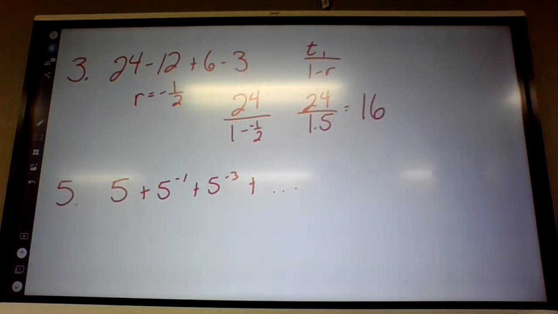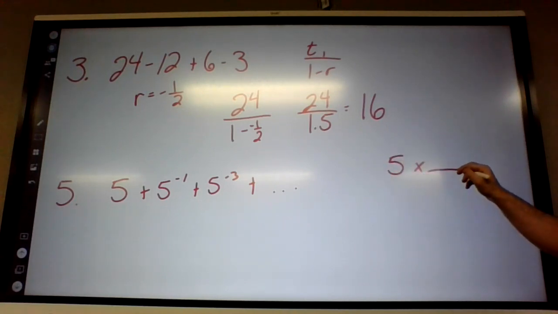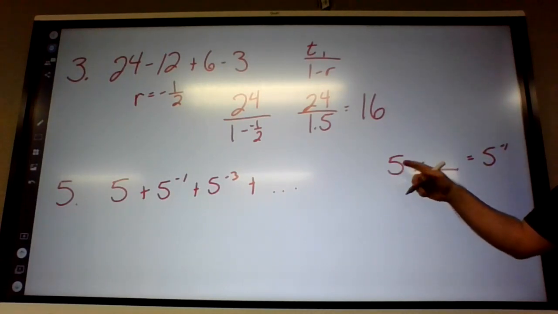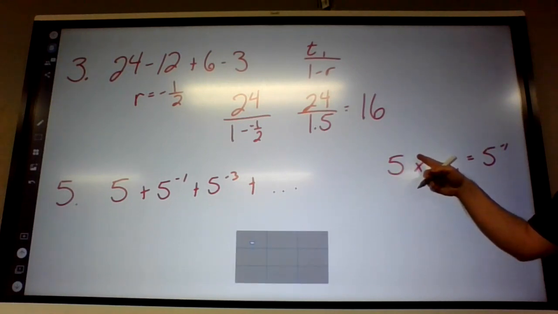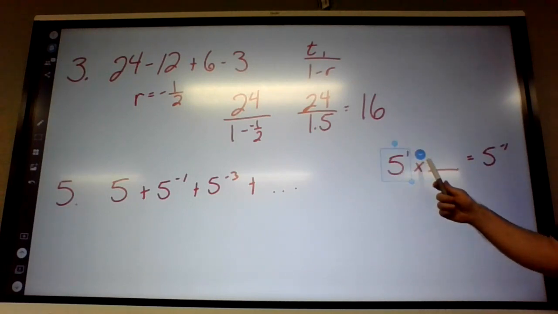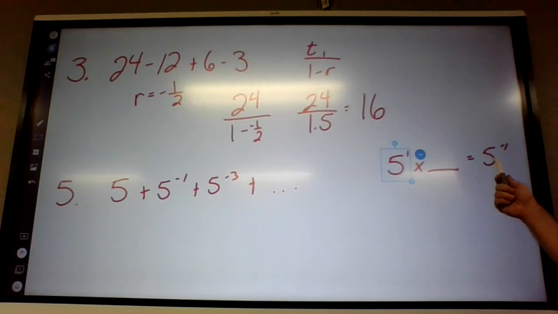Okay, how do you get from 5 to 5 times blank? 5 times what equals 5 to the negative 1? If there is no exponent on the 5, what exponent is on the 5? So what do we multiply 5 by to turn it into 5 to the negative 1?